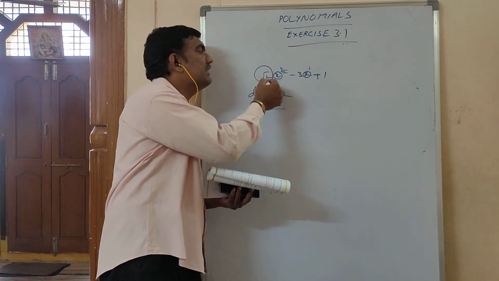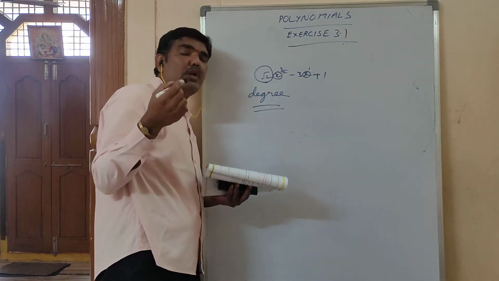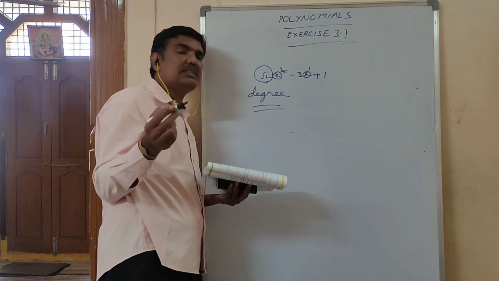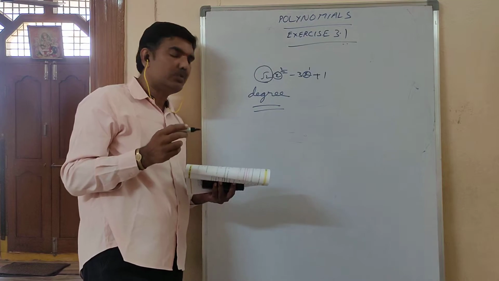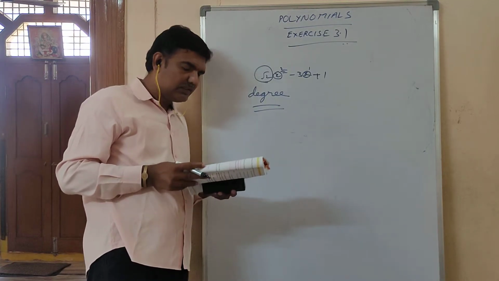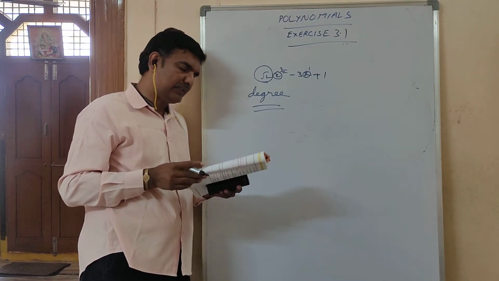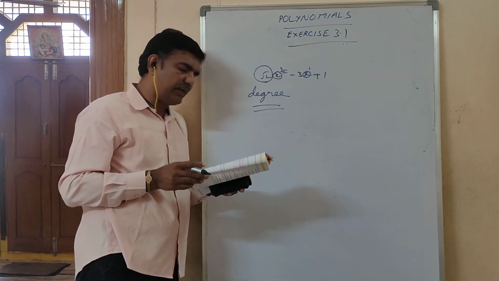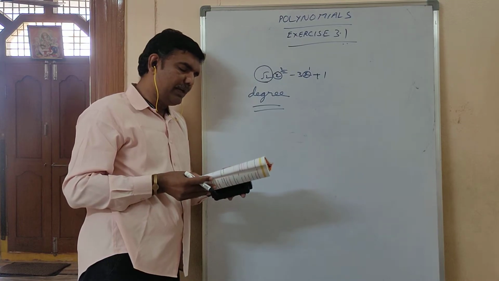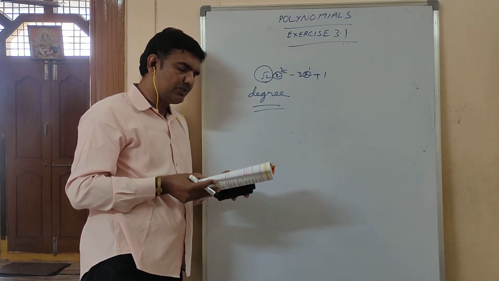He has given degree is root 2. Actually what is root 2? Root 2 is the coefficient of x square. So is it true or false? Obviously it is false.